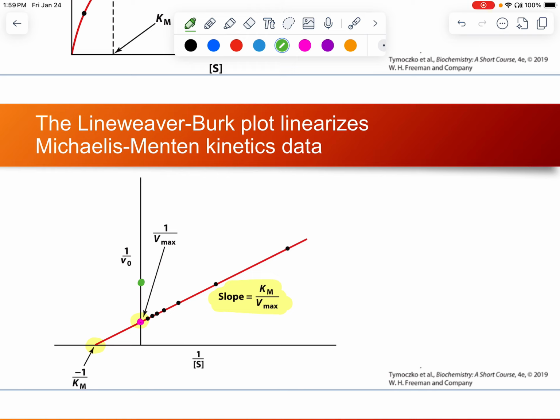Okay, so if that's true, we know we're getting a larger value here. So does that mean that my Vmax has gone up or gone down? And since this is 1 over Vmax, we must have a smaller maximum velocity, and hence 1 divided by it gives us a bigger value, the one in green.